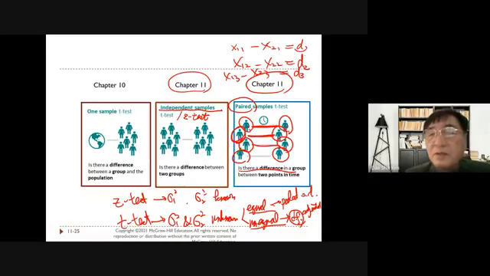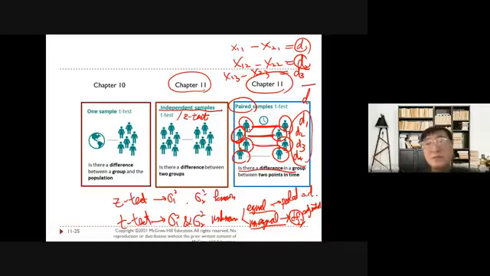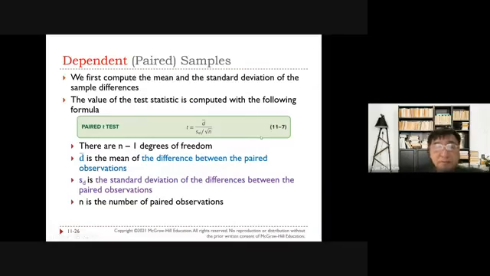We calculate the difference for each pair: difference 1, difference 2, third pair difference 3, difference 4. Then we calculate the average of the differences, D bar. N is the same: N1 and N2 do not exist, just N pairs, and the standard deviation.